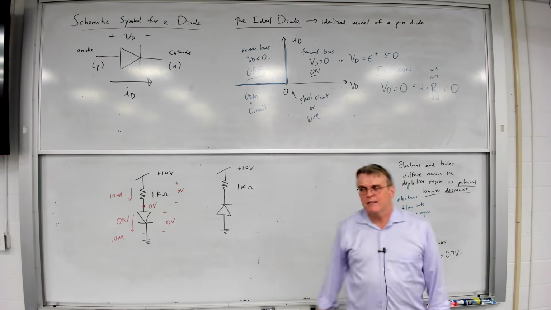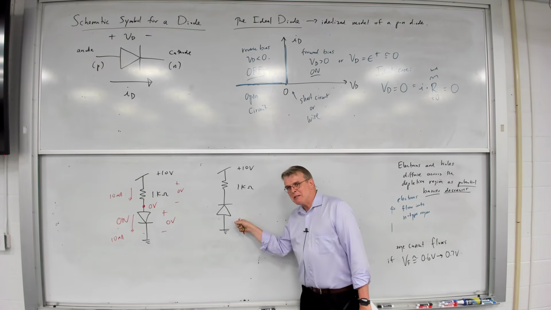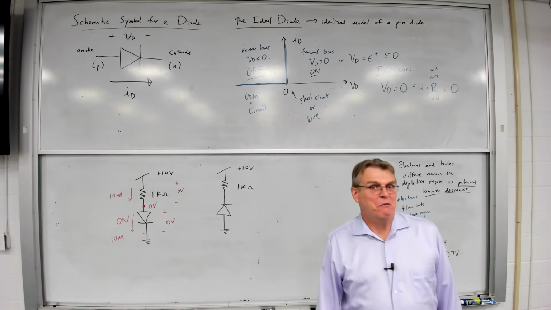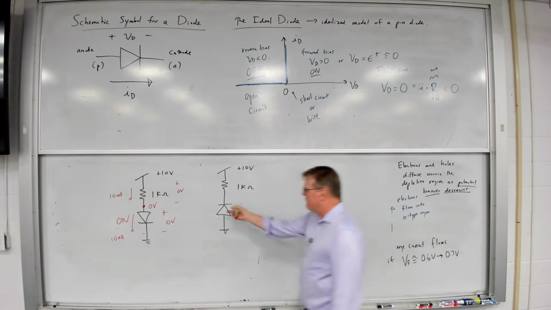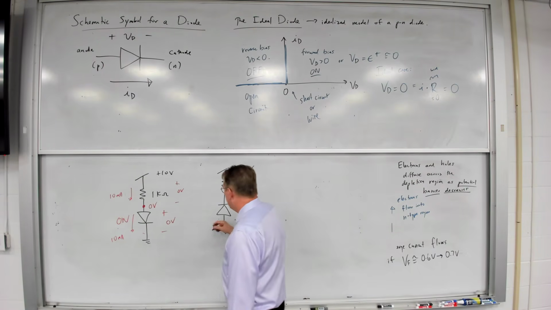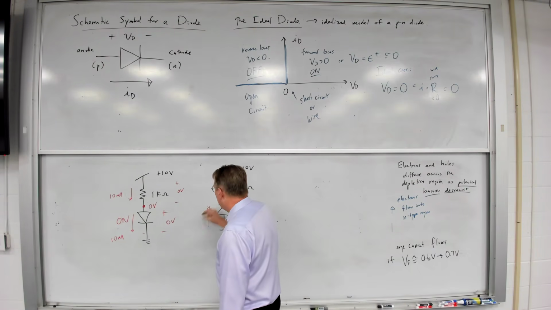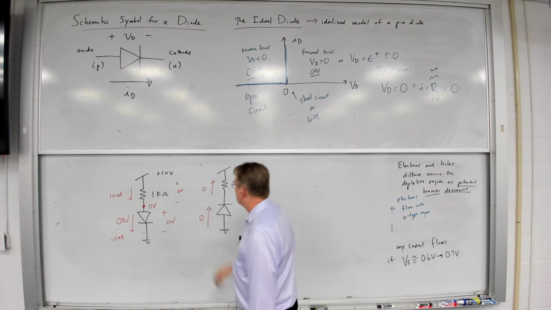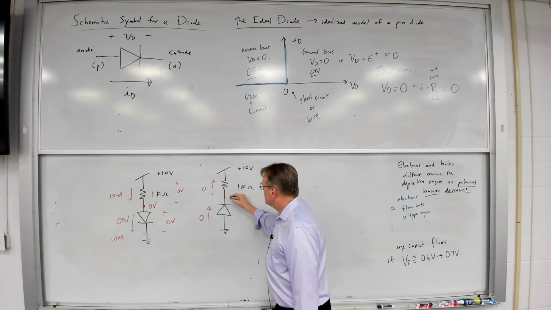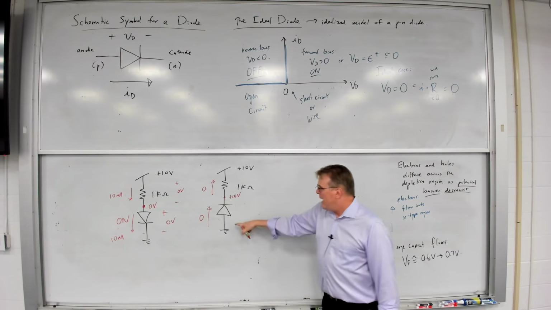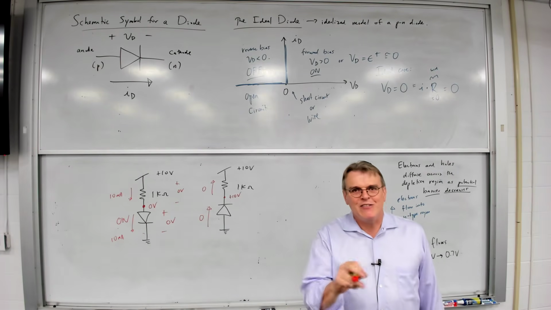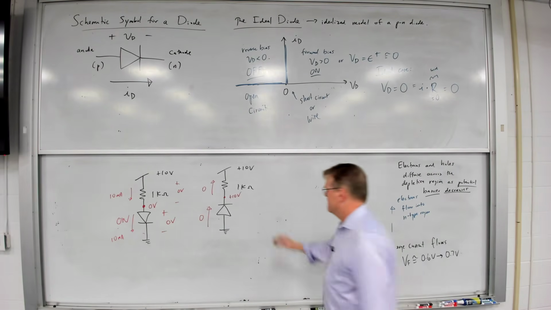It's forward biased, okay? What do you think this one is? It's off, okay. Using the same logic, I flip it around. If it's off, then that current must be equal to 0, which means this current's equal to 0, which means I've got 10 volts here. I've got 0 volts on the anode, 10 volts on the cathode. VD is minus 10 volts.